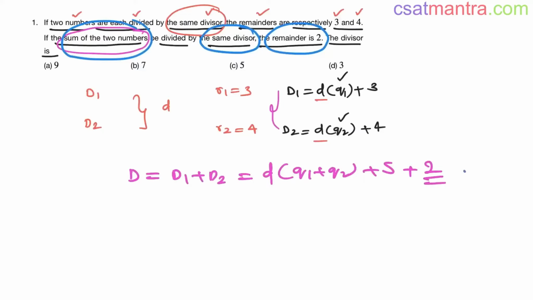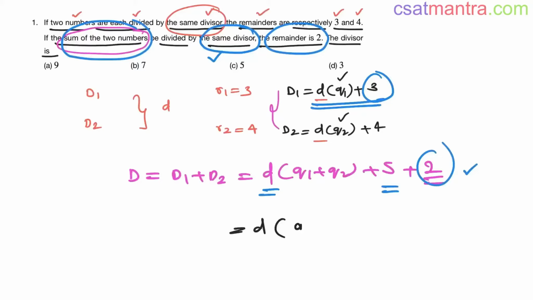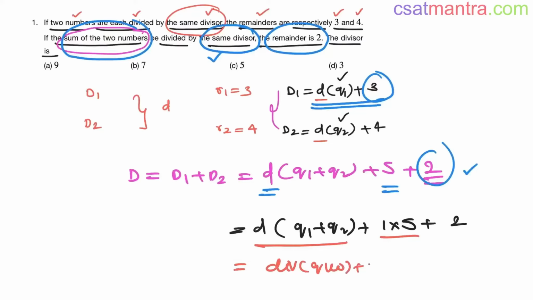Now I want to bring this equation in this format. Remainder, it is very clear, but divisor is not clear. Here it is said that same divisor. Here also we need to have d, my friend, small d. Now see, d into q1 plus q2, 5 I am writing as 1 into 5 plus 2. Now in these two terms I want to have divisor common, so that I can write divisor into quotient plus remainder.